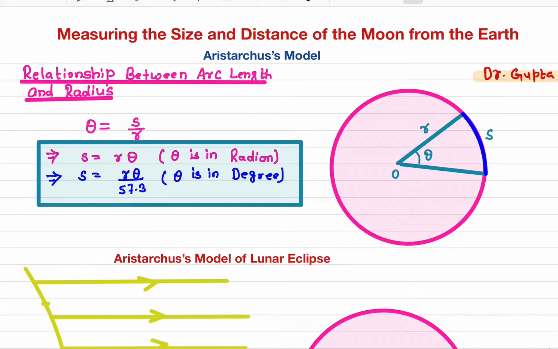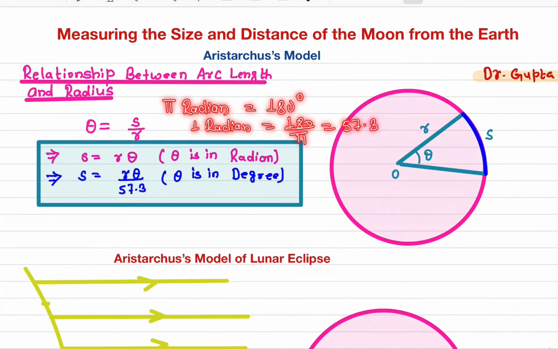The answer lies in the relationship between the degree and the radian. Remember, pi radian is equal to 180 degree. So 1 radian is equal to 180 divided by pi, and this is equal to 57.3 degree.